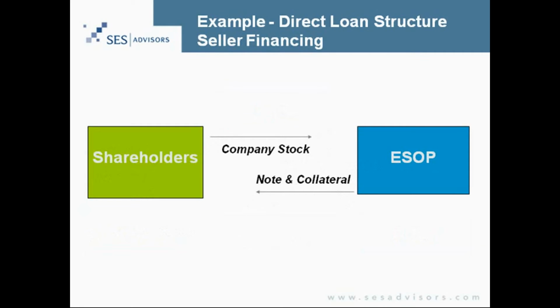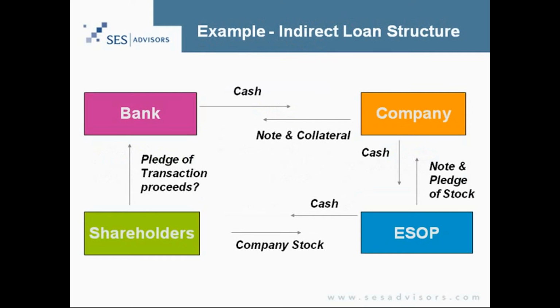Even less common is that direct loan. It's a very simple structure. Company stock is exchanged for a note and collateral from the shareholder or even the company in some cases. The much more common structure is an indirect loan structure. The concepts here are basically the same, but of course there are 4 parties involved. Initially, the company is lending cash to the ESOP.